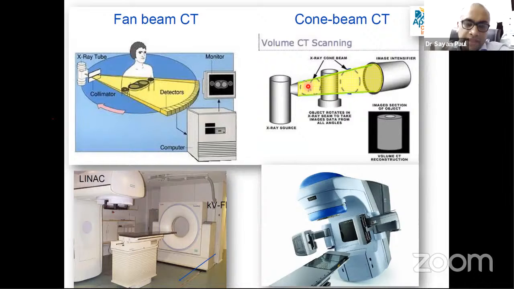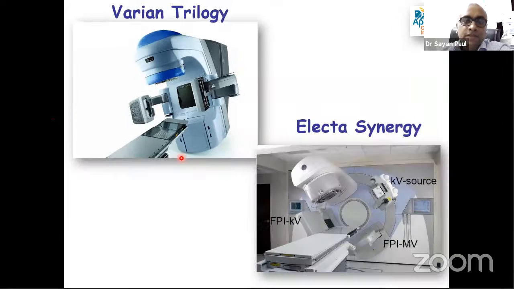So what is a fan beam kV CT scan? That is CT on rail or your diagnostic CT scan, and cone beam CT is the CT that is attached with the treatment machine. A few machines which have CBCT, like Elekta Synergy and Varian Trilogy, are the first generation machines which had CBCT.